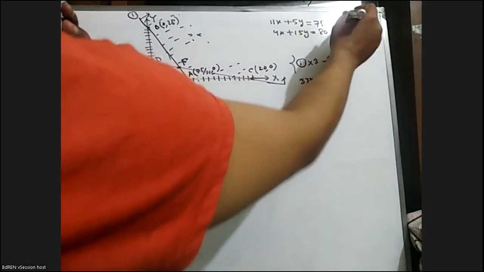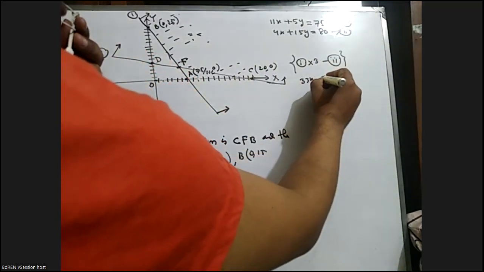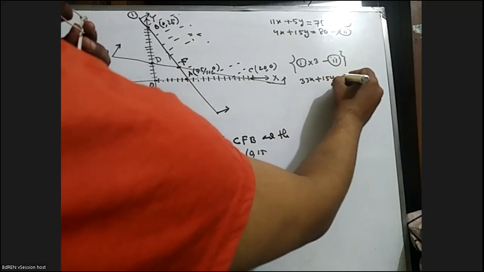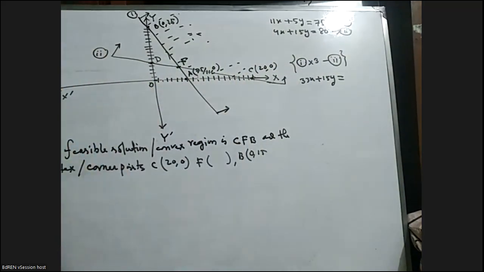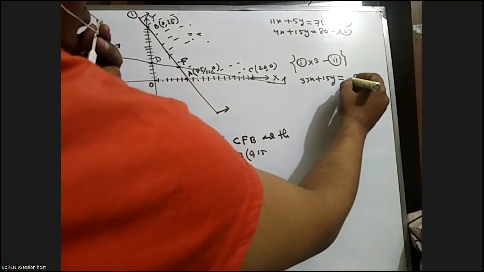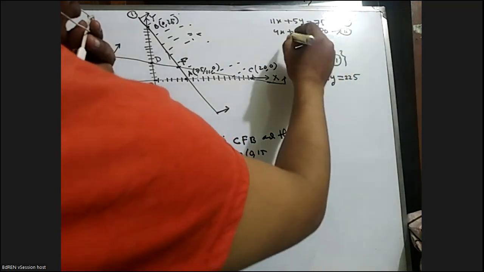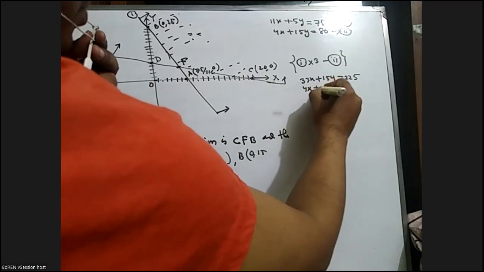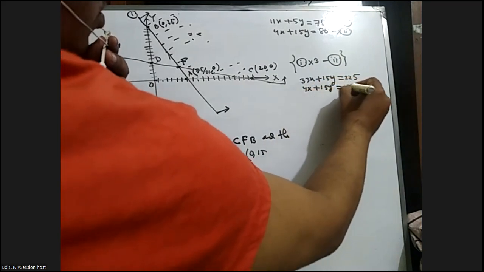Multiplying by 3 in equation 1: 33x plus 15y equals 3 multiplied by 75, which is 225. And 4x plus 15y equals 80.